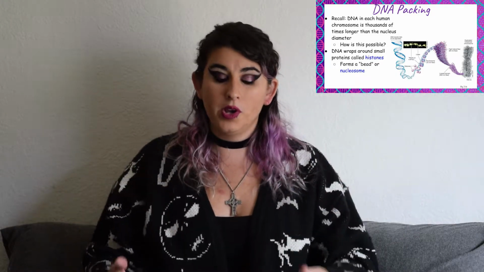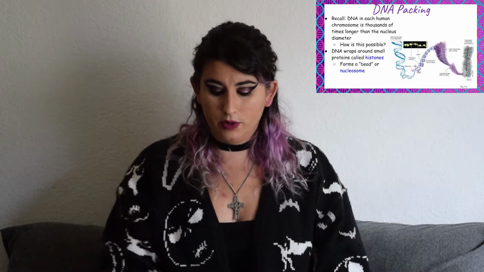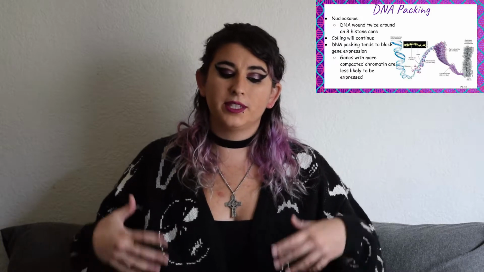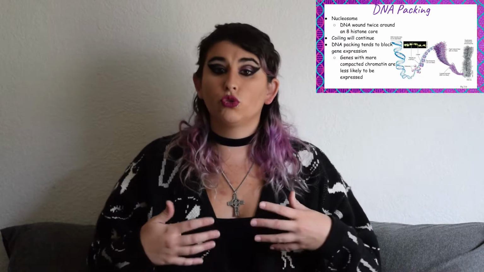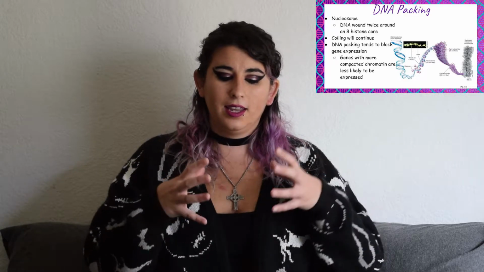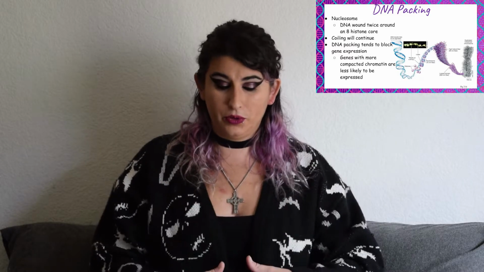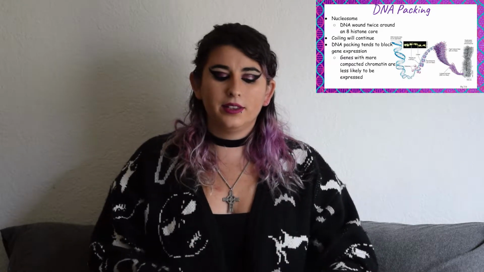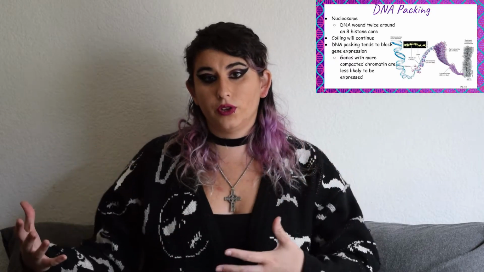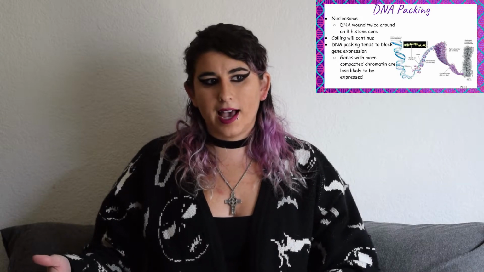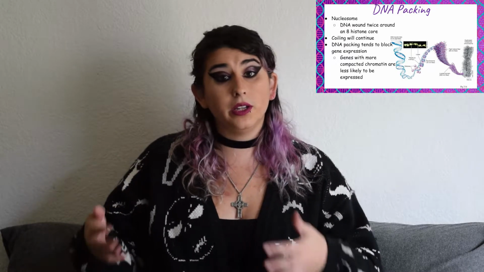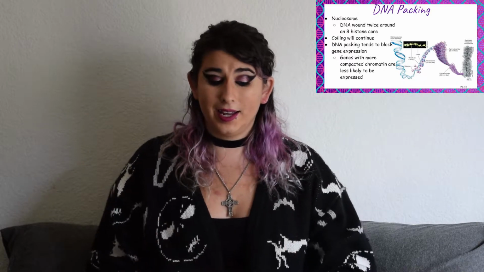So it'll kind of become this beaded string-like thing with the DNA wrapped around the histone, forming the nucleosome. And the nucleosome specifically is DNA wound twice around a core of 8 histones. And then coiling will continue, and then it results in what we know as that lovely little chromosome that you can see in the image here on the slide.